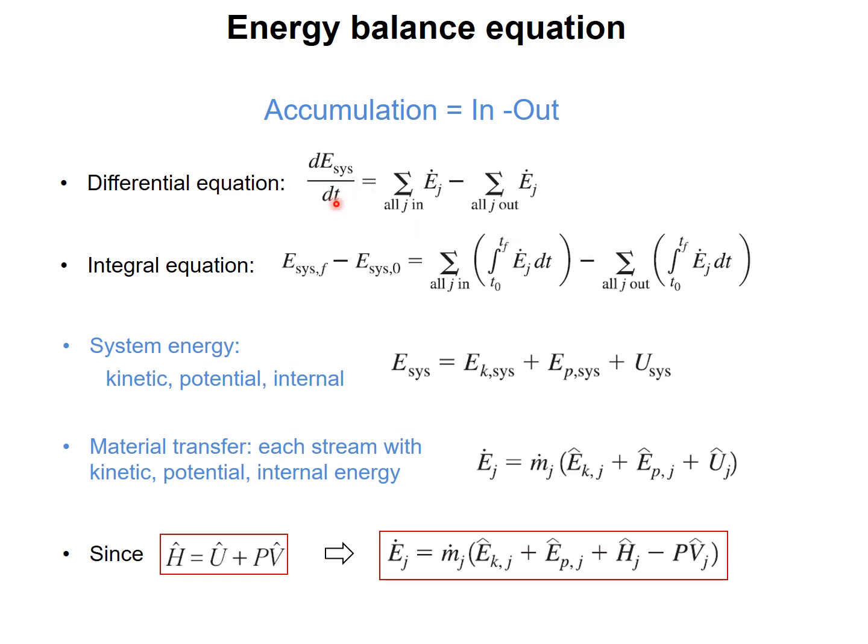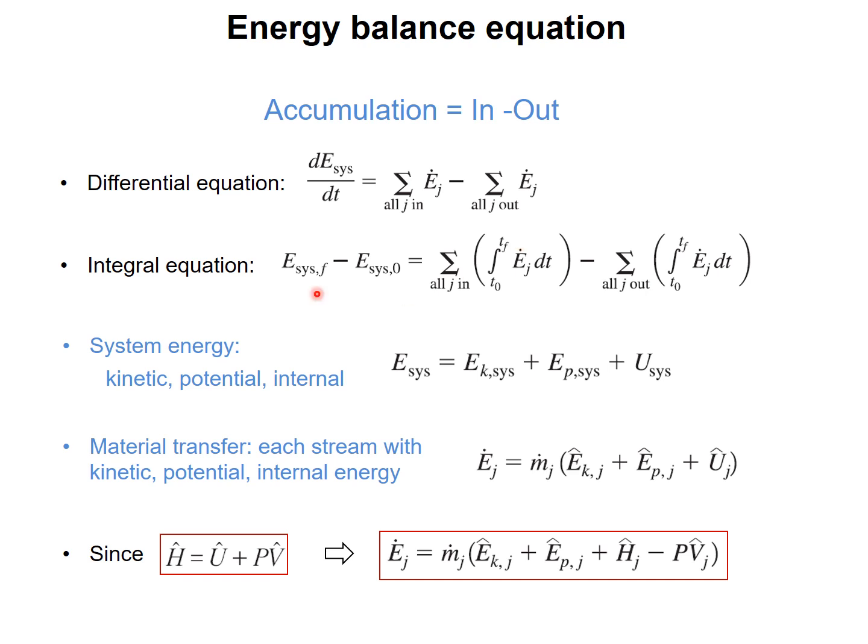System energy dt is equal to input minus output, of course. How about integral equations? The final state minus initial state for the system energy is equal to integrated input minus integrated output. Actually, the same equation.